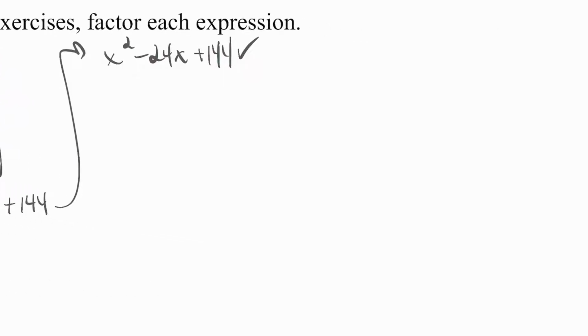So I'm going to do that over here, which is the more generalized way of doing it. So if I have something like x squared minus 24x plus 144, the AC method means the coefficient in front of the x squared is a 1. There's an implied 1 when there's nothing written. 1 times x squared, right?